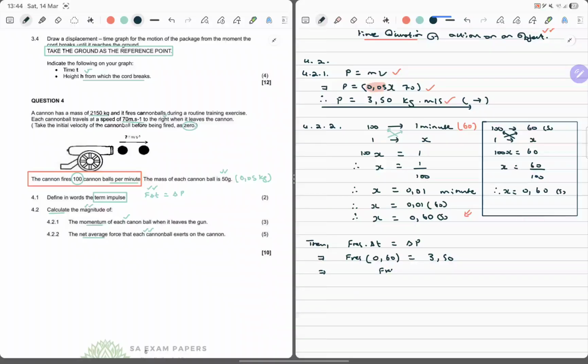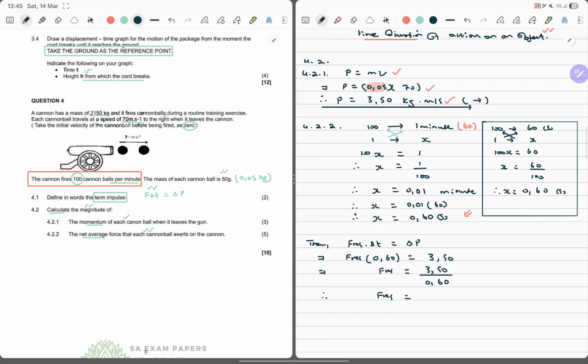So the resultant force is what we see. So therefore the resultant force is the force 3.5 divided by 0.6.